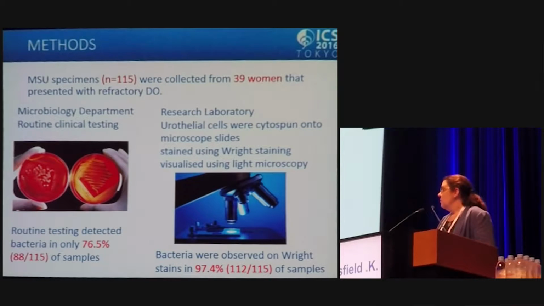The first finding was that the routine micro lab detected bacteria in about 76% of the patients, whereas when we examined the urothelial cells by light microscopy, we could see bacteria in almost all. 97% of the patients had bacteria associated with the urothelial cells.